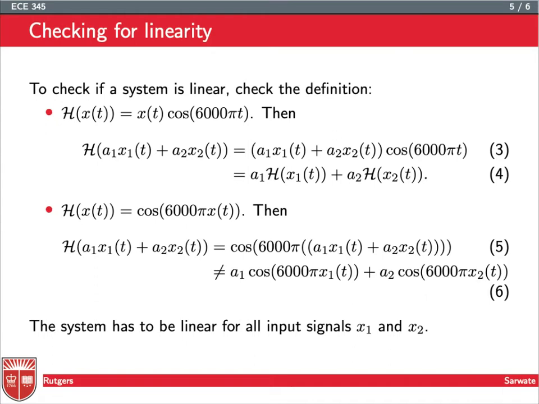If I apply H to a linear combination of two signals, then I get a1 x1 of t plus a2 x2 of t times this cosine. If I multiply through, it is a1 times x1 of t cosine 6000 pi t plus a2 x2 of t cosine 6000 pi t. That is actually just a1 times H applied to x1 plus a2 times H applied to x2. So this system is, in fact, linear.